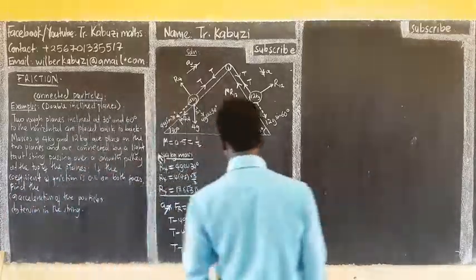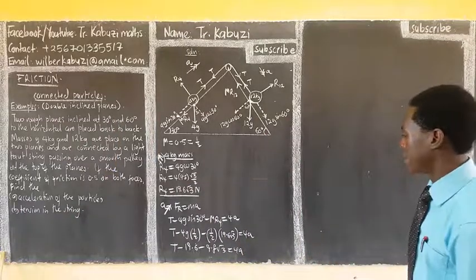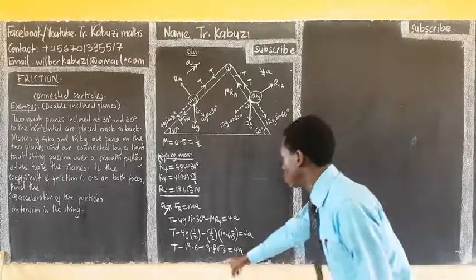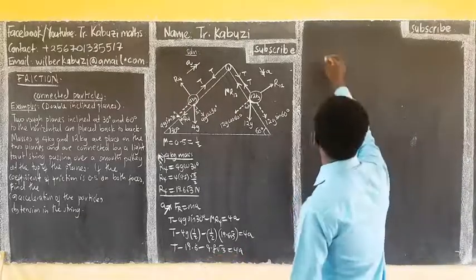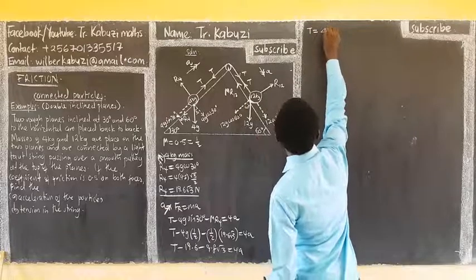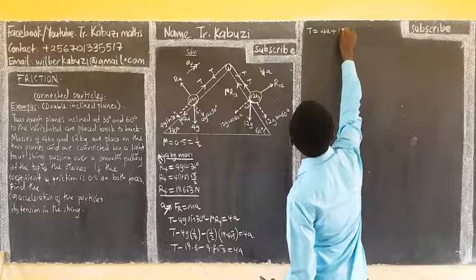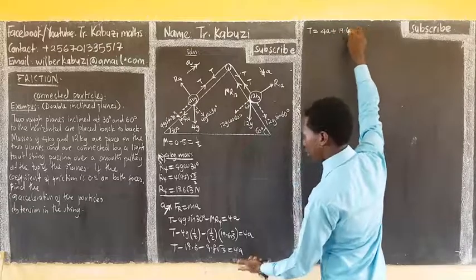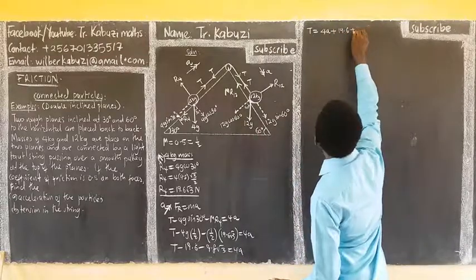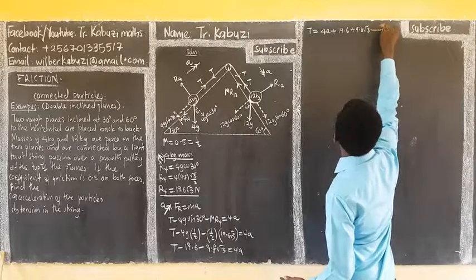So if I take everything to this side, T will be equal to 4a plus 19.6 plus 9.8 root 3, and I call this equation 1.